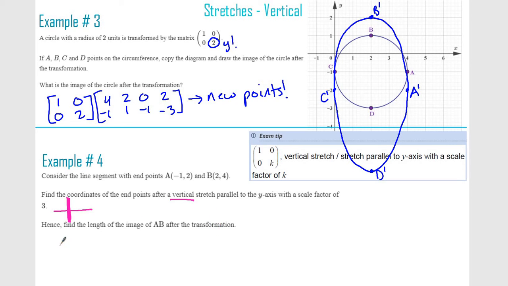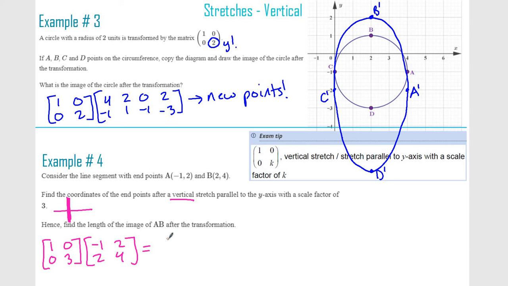All right, and then find the length. So this is just like the last one. So we're going to multiply our old points by 1, 0, 0, 3 to get our new points. And to save time, I'm going to have it all written out.